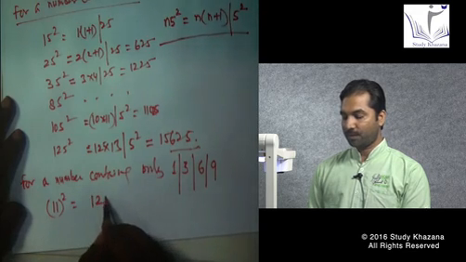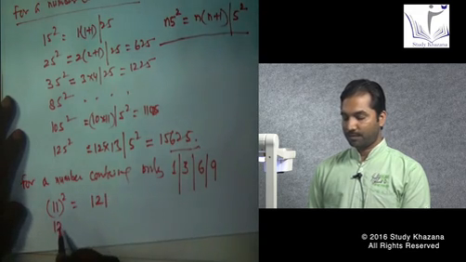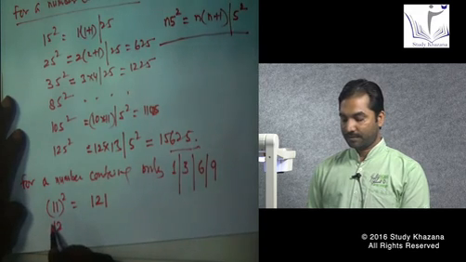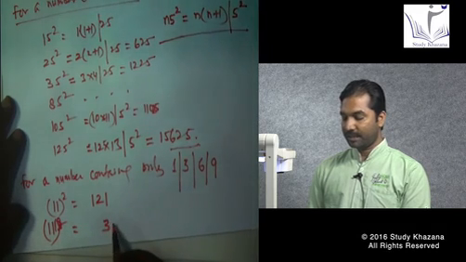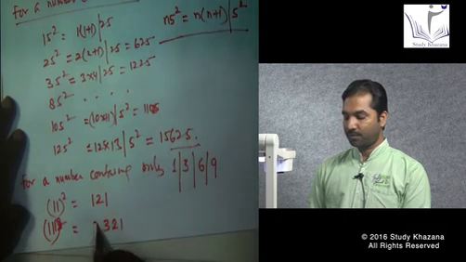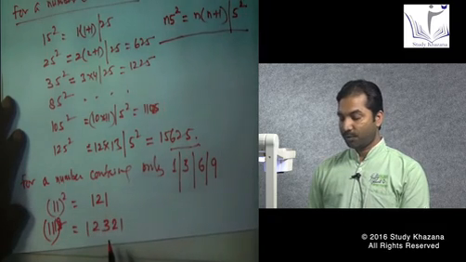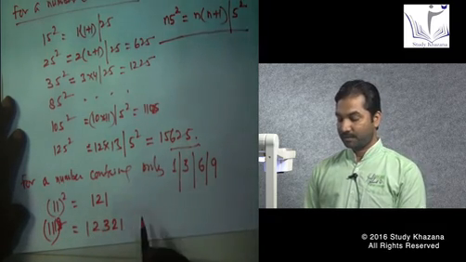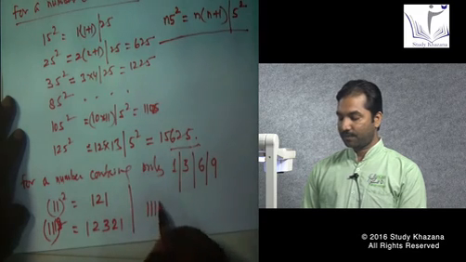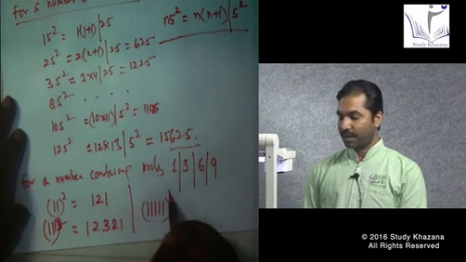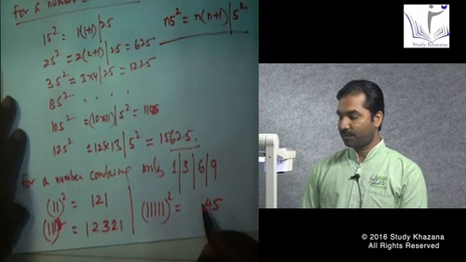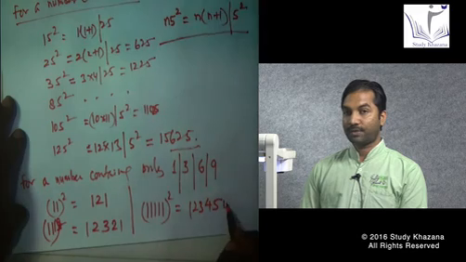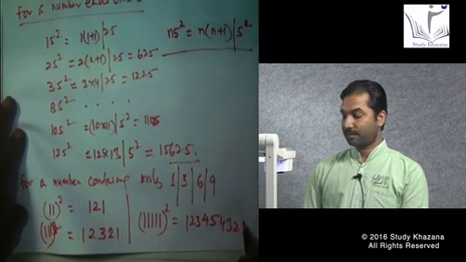It becomes 121. If we take 111 square, because there are 3 ones, we write 3 and 2 1 on both sides. To both sides we extend to 1. If you calculate 11111 square, there are 5 ones, so write 5 and in this manner 4 3 2 1 and 4 3 2 1.